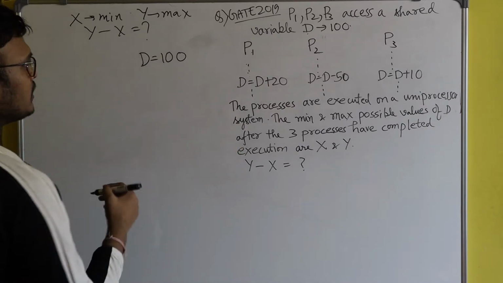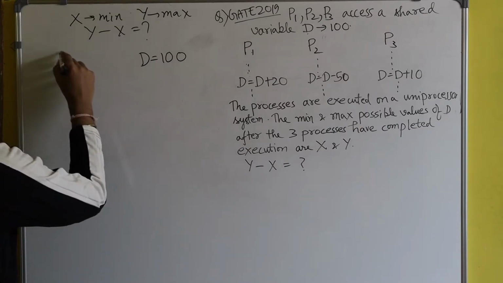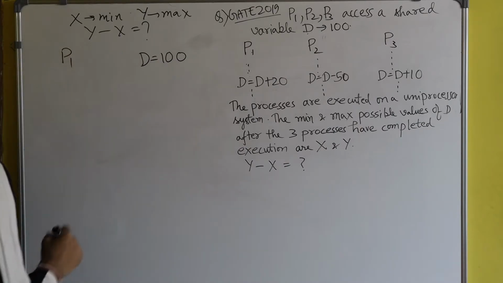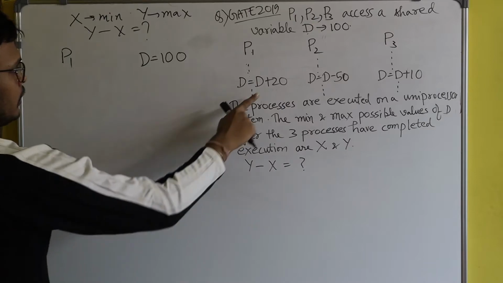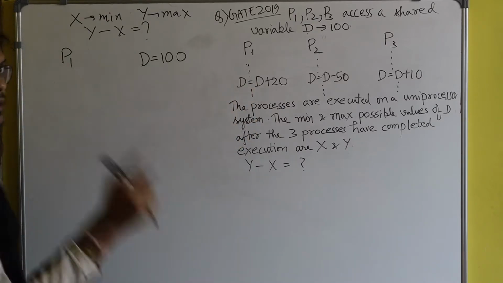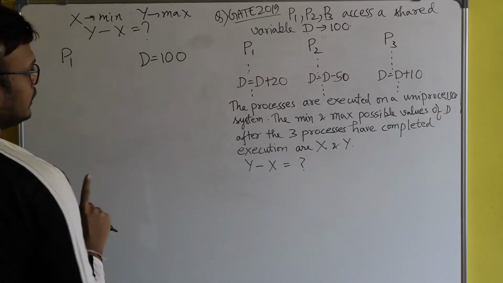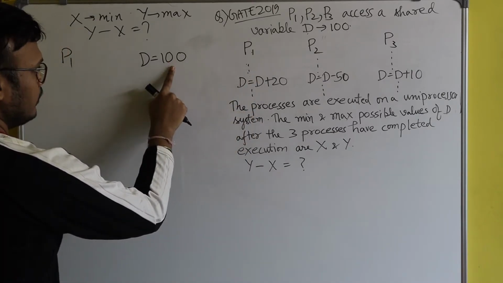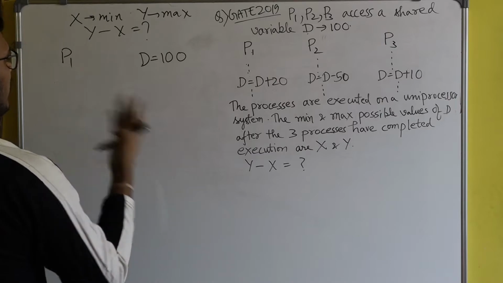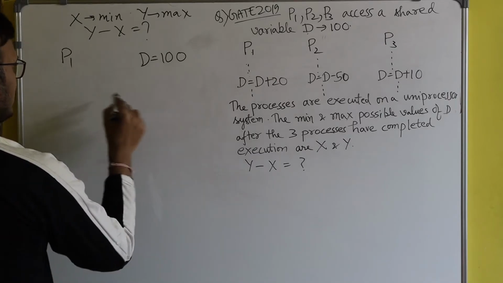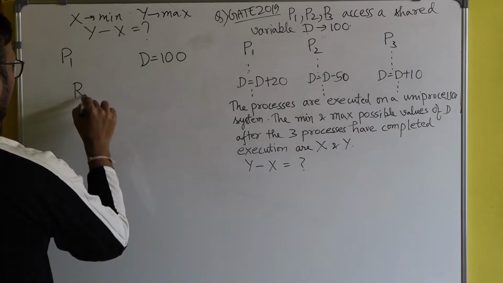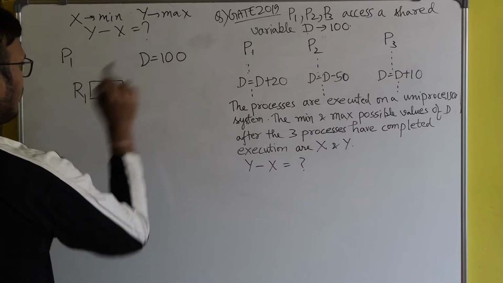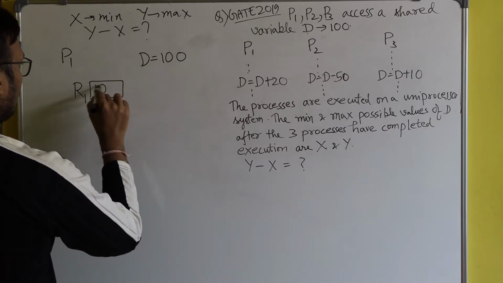Now the CPU is with process P1. What will P1 do? Just like the previous question, watch it very carefully. It will read the value of D, it may be in some register. The value of D is 100.